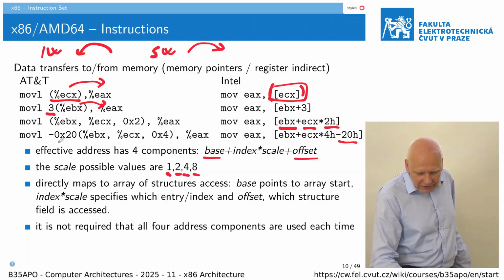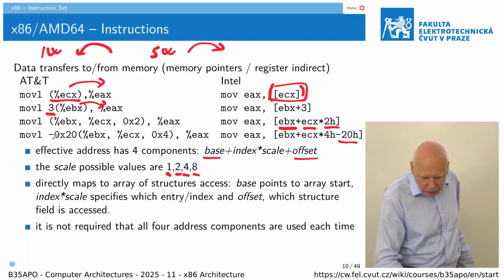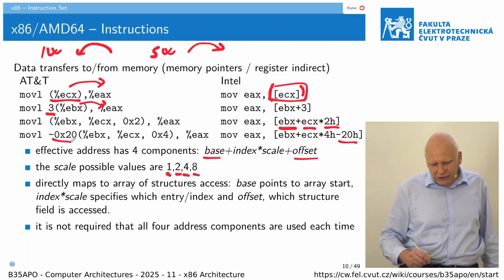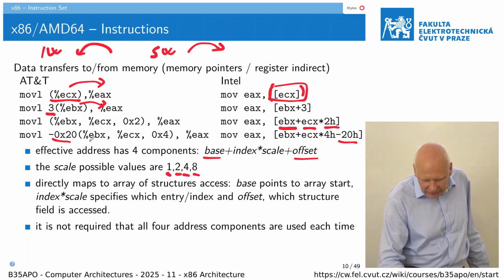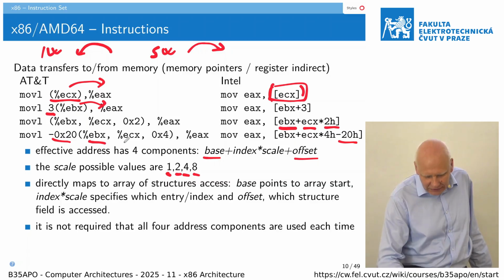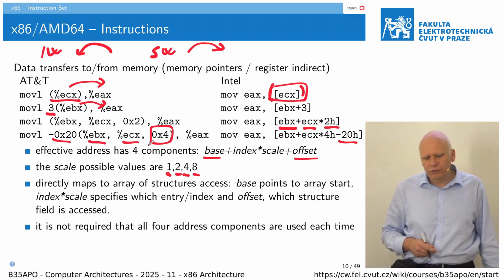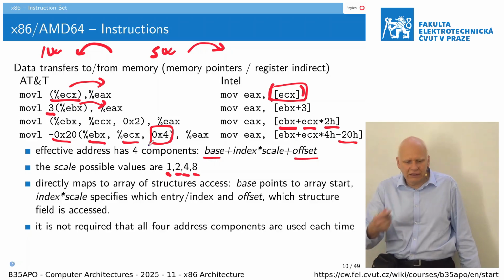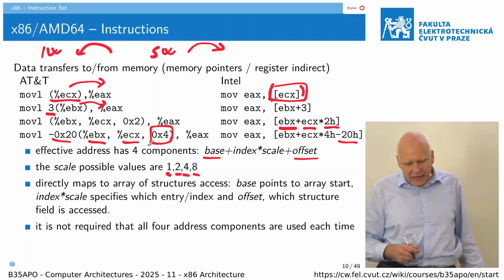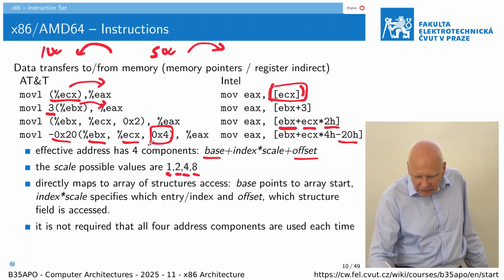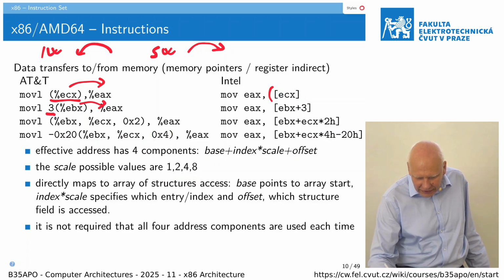To read it in this case, it means that it is offset minus 20 hexadecimal. Then this is EBX as the base, ECX, which is multiplied by this value 4. And this way you get the address to the memory. And why is it so complex? Because this complex addressing allows, in fact, directly addressing, for example, an array of structures.